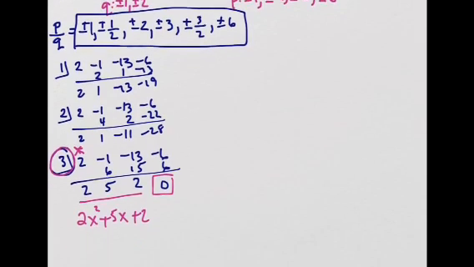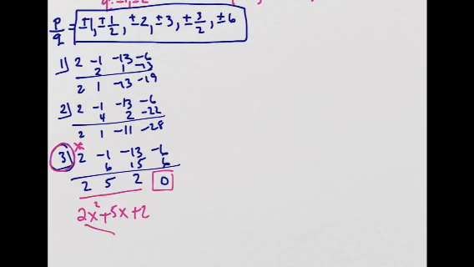Okay, so I'm going to do the 2 times 2, that's 4x squared. And factors of 4 that add up to 5 are 4x and 1x. And then you could factor whichever method you prefer. I'm going to just use the box method.